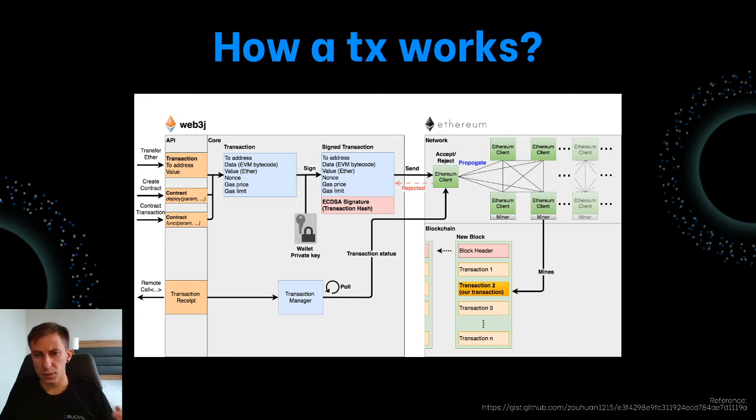So how do you interact with the smart contract? First of all, you need to prepare the transaction. You need to fill the fields: who you are sending to, the values.